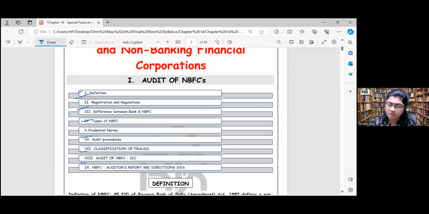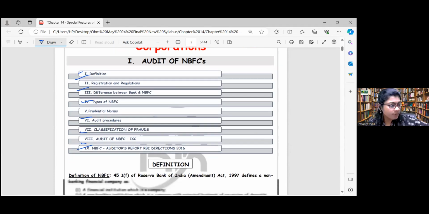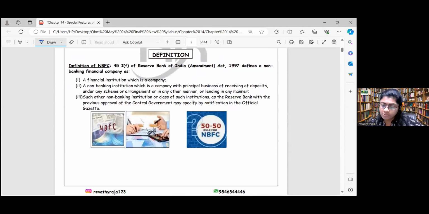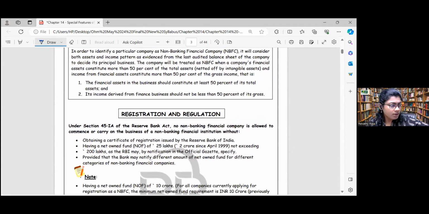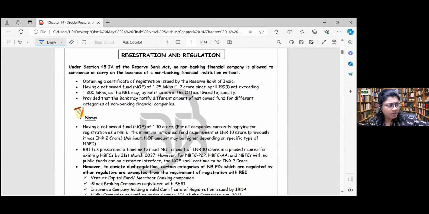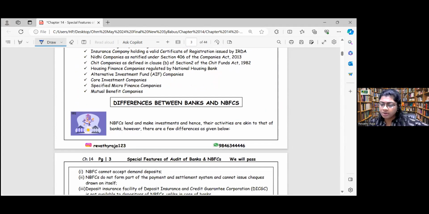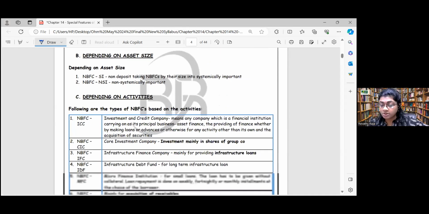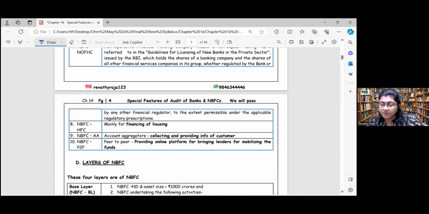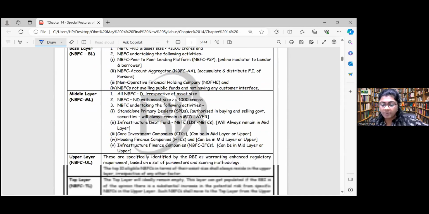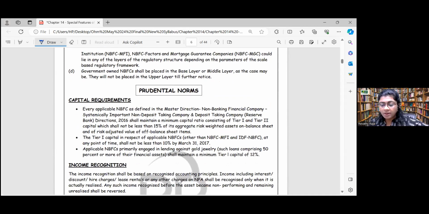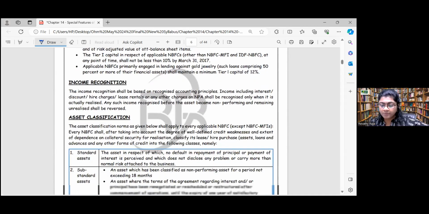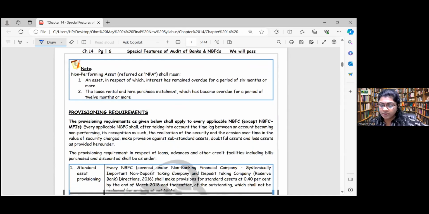All these are just the overview. Everything is done. Definition, same thing. Registration, regulations, every point is just given. Difference between banks and NBFCs, types of NBFCs, very important. Different types, I've given a 1-line explanation. Then the layers. Then prudential norms, capital, asset classification, everything will come.